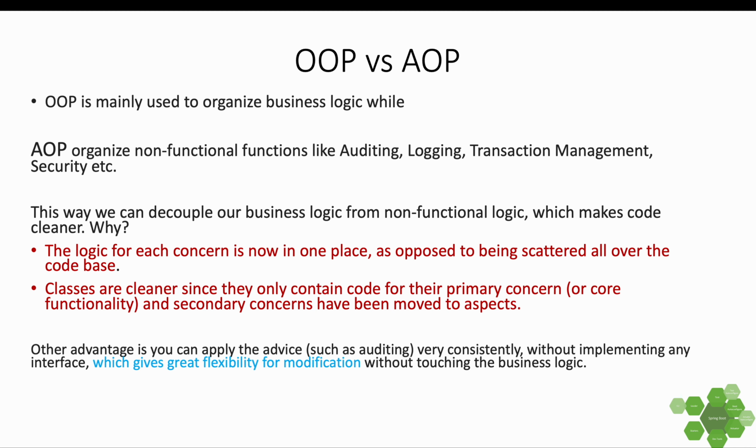And this makes your code cleaner. Why? Because each concern now is in one place, as opposed to code just being scattered all over. And it becomes difficult to read, difficult to maintain, difficult to test, as we will see as we go on. Classes are cleaner since they only contain code for their primary concern.